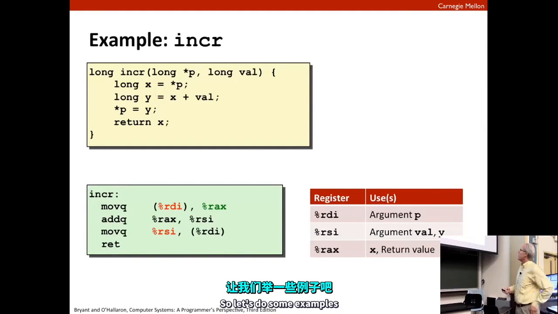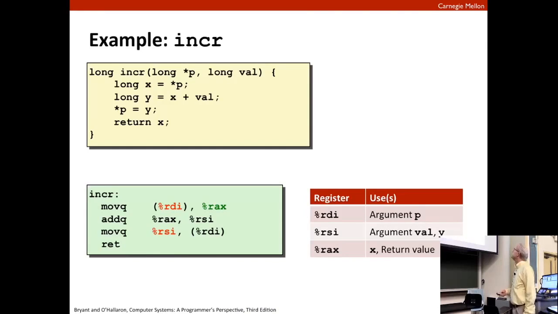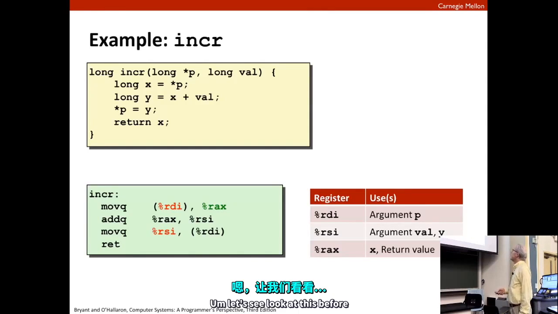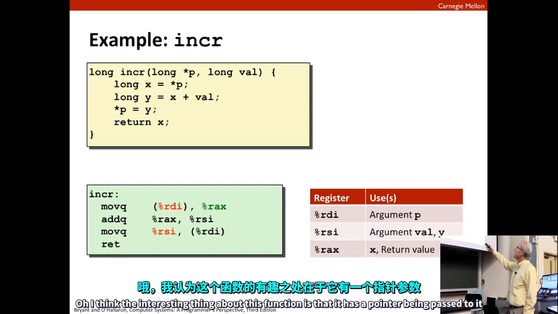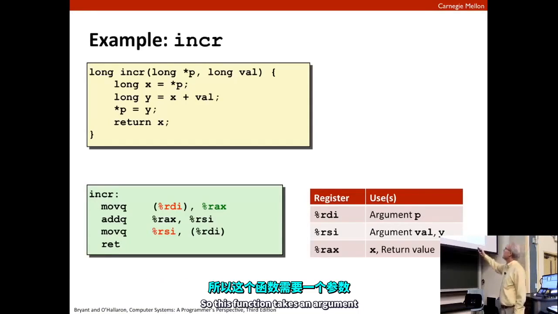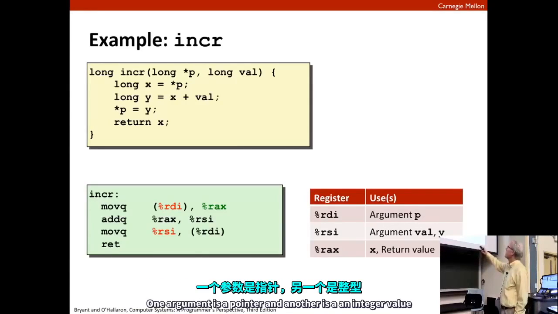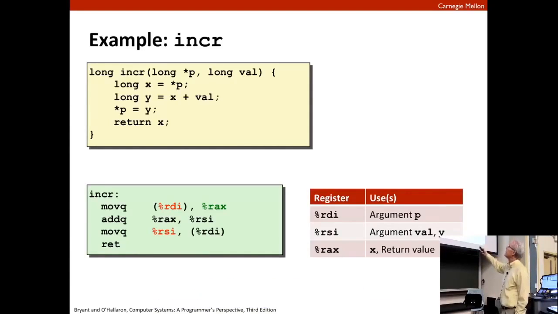So let's do some examples. I looked at this before, but this is a function. The interesting thing about this function is that it has a pointer being passed to it. One argument is a pointer and another is an integer value.